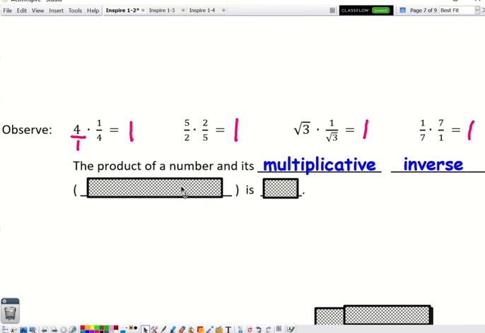What's the better, more specific, unique, exclusive word that describes 5/2 and 2/5? What kind of relationship does 5/2 and 2/5 have? Or 4 and 1/4. It starts with an R.